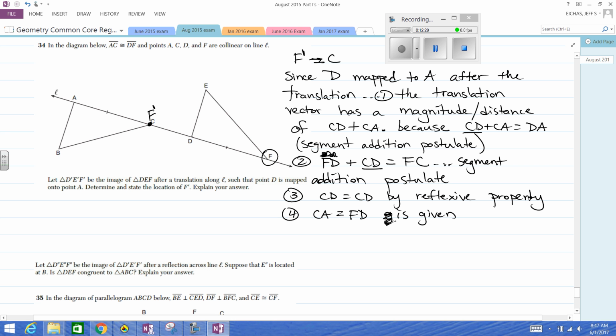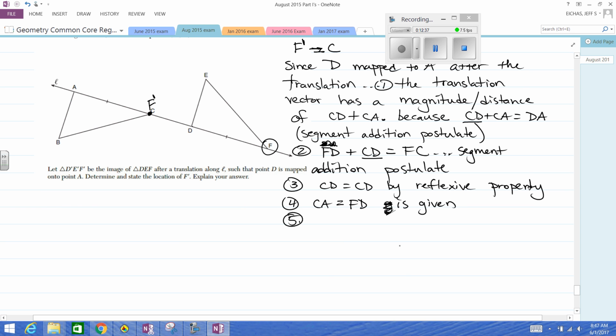Now we've got to piece all that together. This is pretty tricky. I'm certain there are way easier ways to do this, but it's all about not leaving any points on the table. So let's take these key pieces of information, and we'll get FC equal to DA.